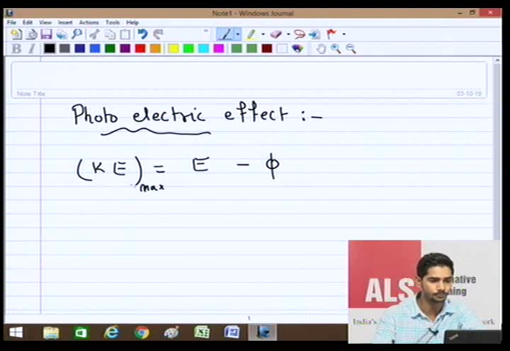So first of all, we will write its definition.